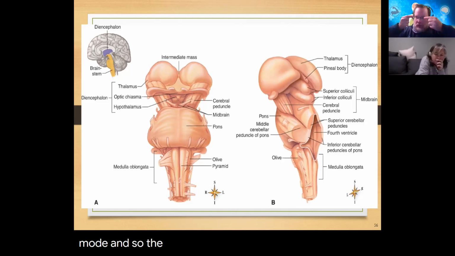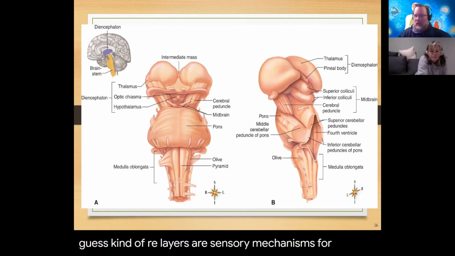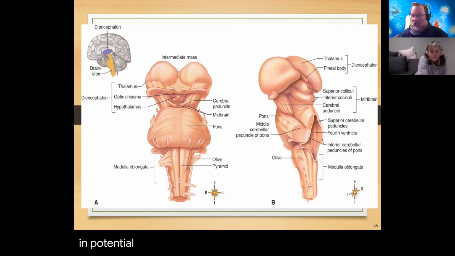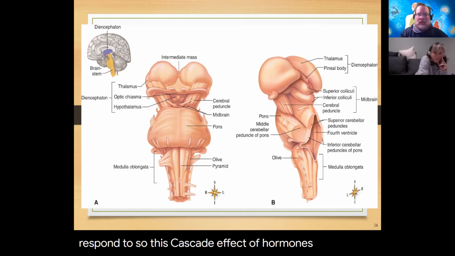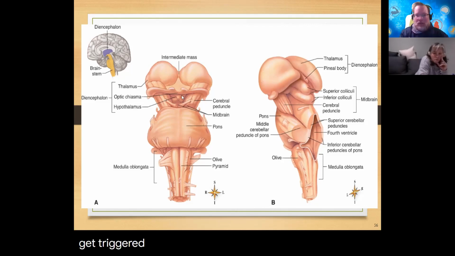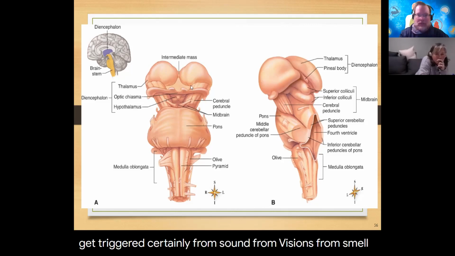And so our visuals are one of the main relayers or sensory mechanisms for bringing in potential dangerous situations that our body needs to respond to. So this cascade effect of hormones is going to get triggered, certainly from sound, from visions, from smells, etc.